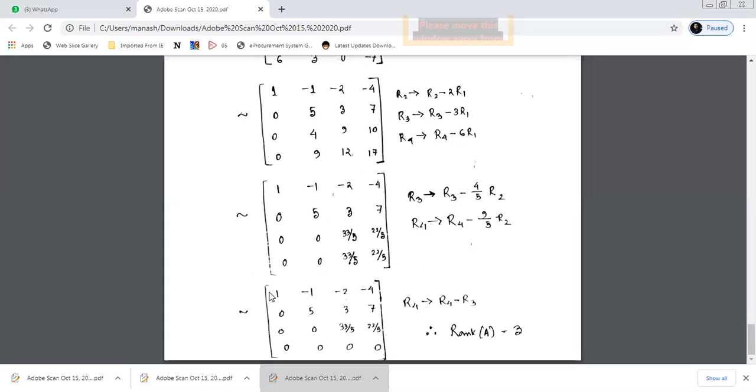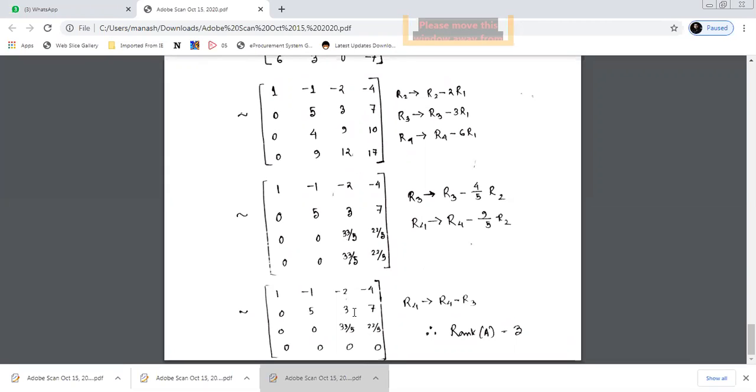Now see, it is in the triangular form. So that's why, you can see here all the elements below the diagonal are equal to 0. Okay, one thing you have to remember, this form is also called echelon form. You can note down this echelon form.